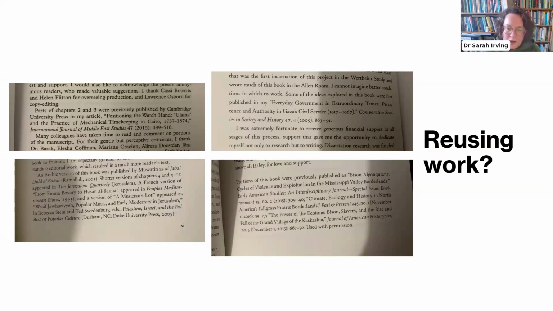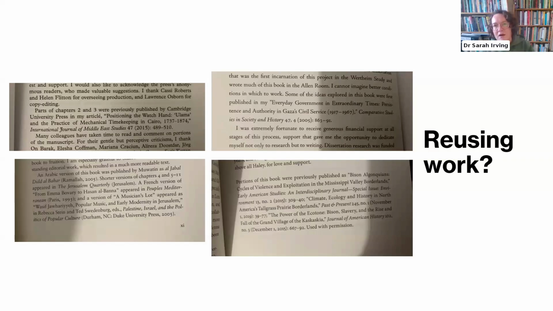And then the final one, I think, again, this is a PhD thesis based book. And as you can see, a number of parts of this book had been published as journal articles before they became parts of the book. So this is not something you need to worry about.